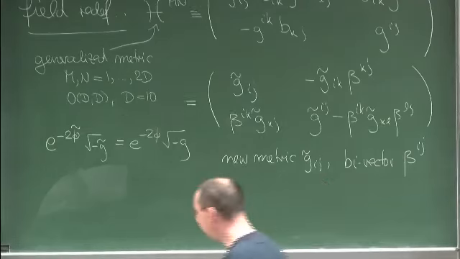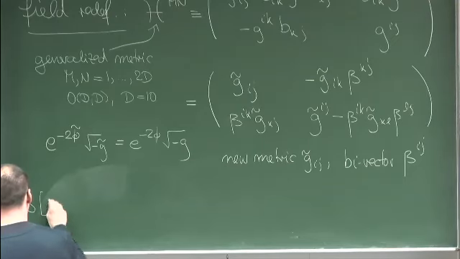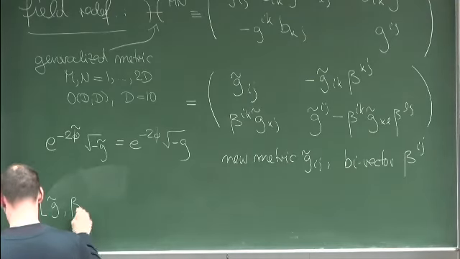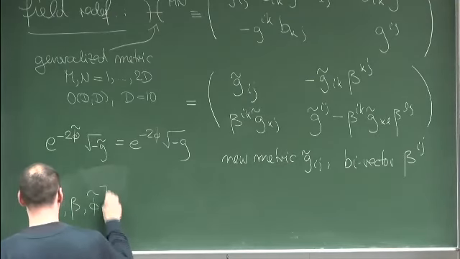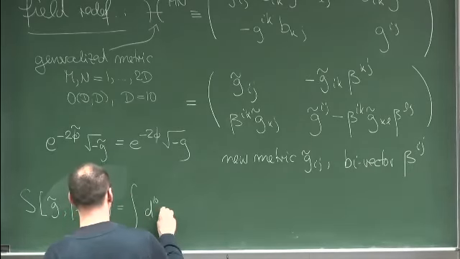And so what my friends computed after a huge heroic computation is that if you start from this action, do this highly nonlinear complicated field redefinition and insert everything, which is a huge mess, you get a new action in terms of G tilde, beta, and phi tilde, which is just as follows. You have a 10-dimensional action.